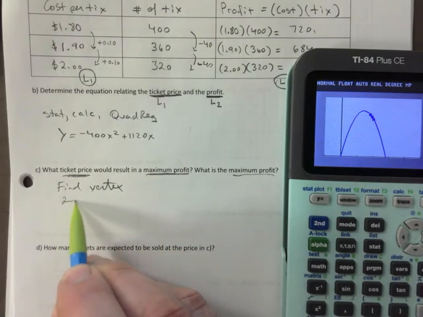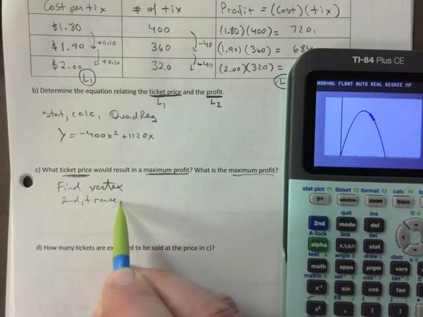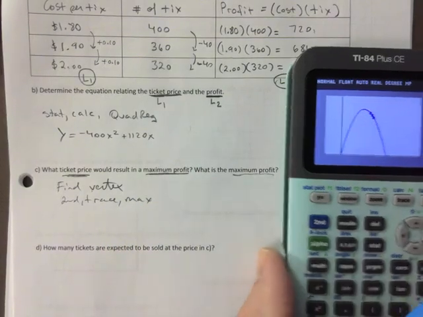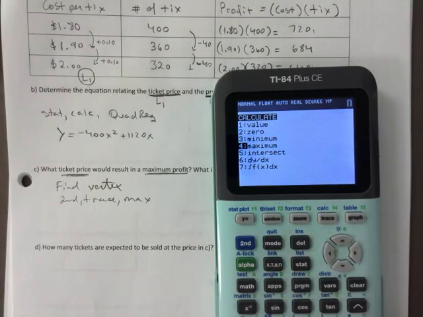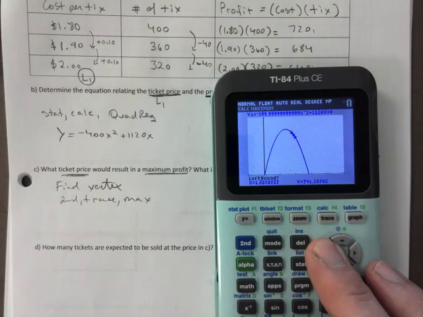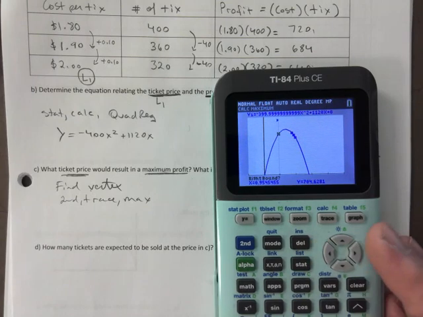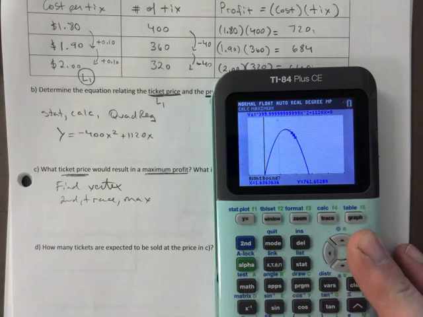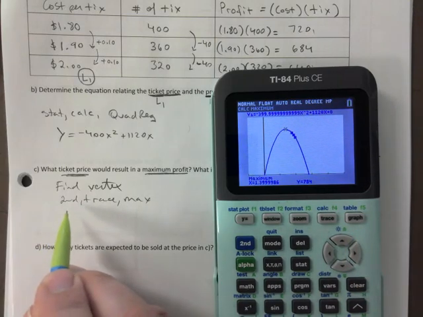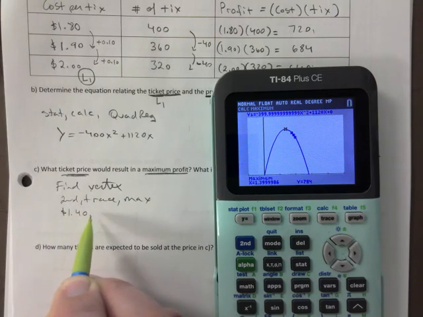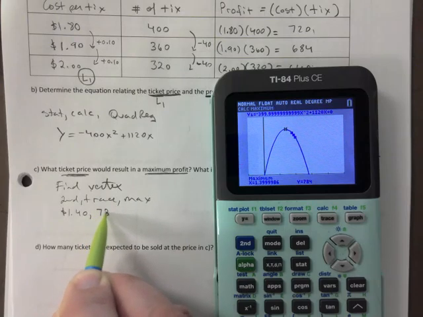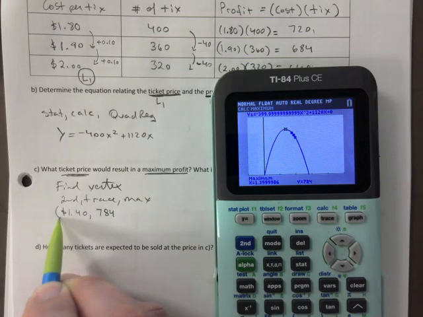So we're going to go second, trace, max. You go to the left, to the right. There it is. 1.399. So that'd be 1.40. Okay. And the maximum profit for us is $784.